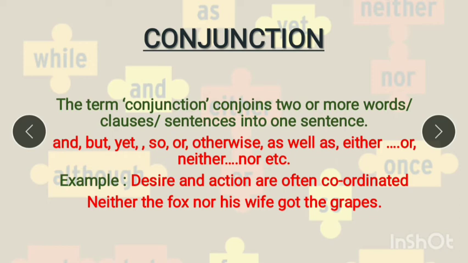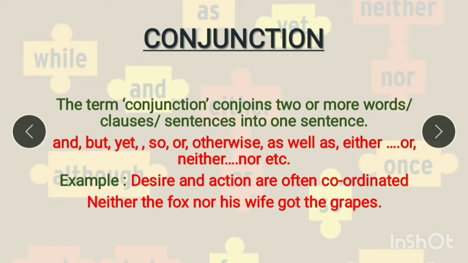And, but, yet, so, or, otherwise, as well as, either or, neither nor. These are examples of conjunctions. Here, desire and action are often coordinated. Desire is a single word and action is another word. These two words are combined together by using and. So it becomes a single sentence.